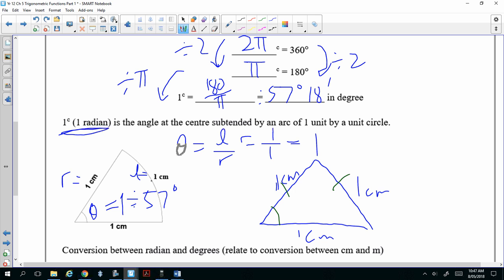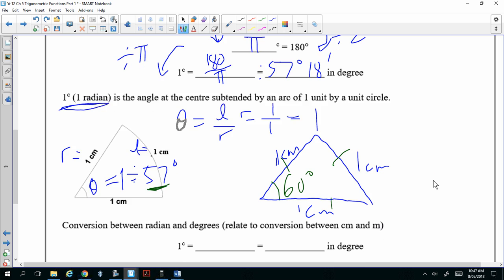Can you see why this is so big? Because it's almost the size of an equilateral triangle. So 1 radian is slightly smaller than the angle in an equilateral triangle due to the curve, because when you curve it, it makes this angle slightly smaller. Can you see 1 radian? It's very close to 60 degrees. So that's how we make sense of the size of 1 radian.